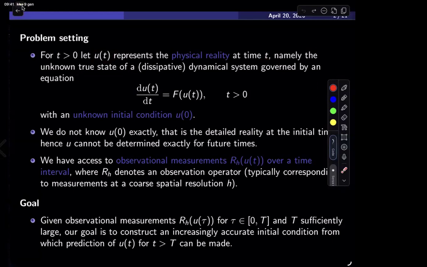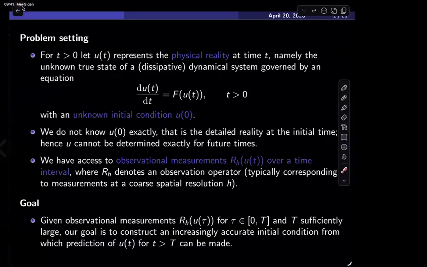And you know that this quantity satisfies a suitable evolution equation. So for instance, you have an equation of this type where f represents the dynamic of your system. And usually, or at least in this talk, you're supposed to have a dissipative dynamical system, okay?